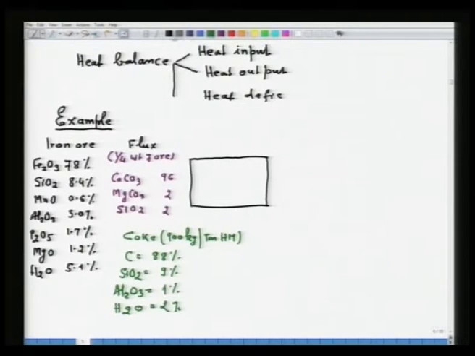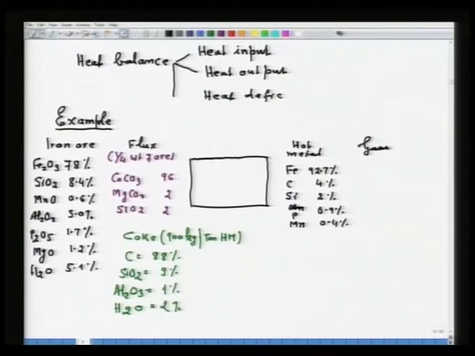Now, on the output side we have hot metal, and hot metal composition contains iron, carbon, silicon, phosphorus and manganese. So, iron is 92.7%, carbon 4%, silicon 2%, phosphorus 0.9% and manganese 0.4%.